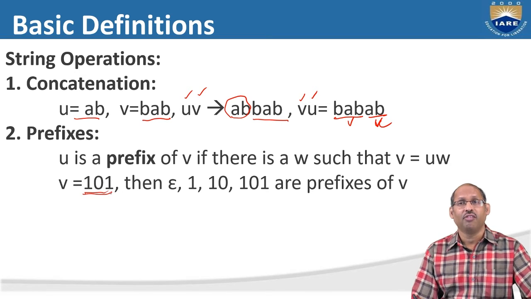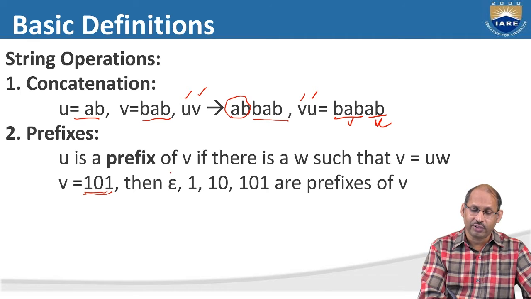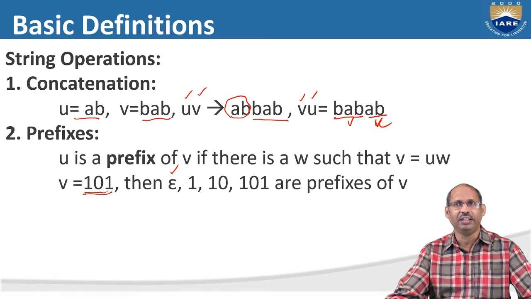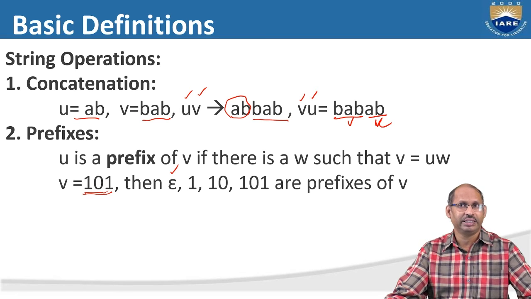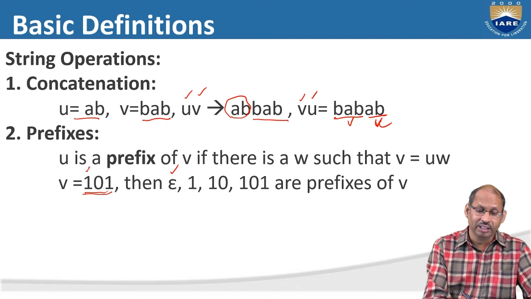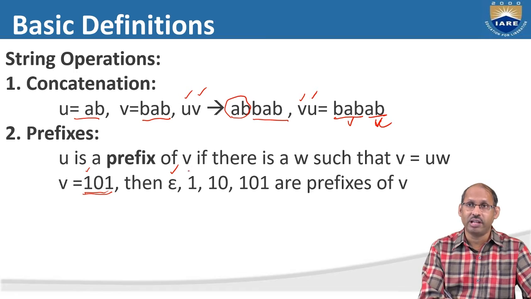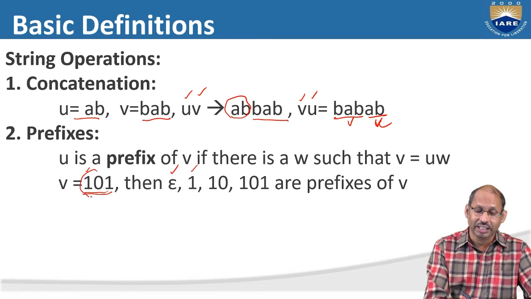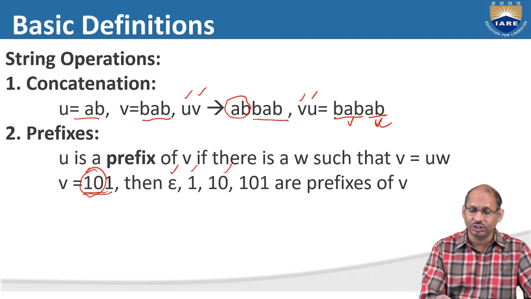Now, what is here? 101. First of all, the empty string is a valid prefix. Empty string is a valid prefix. Right? It is a valid prefix for a given string. Then 1 is the initial leading character. So 1. Then another leading sequence 1 0.